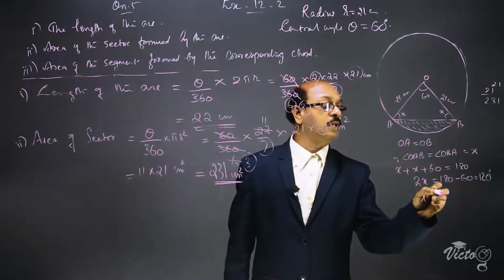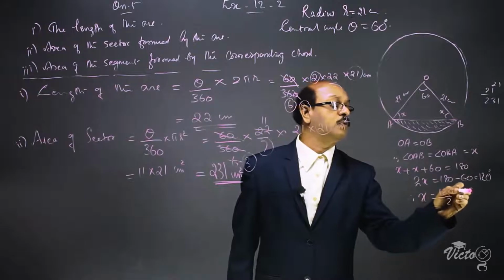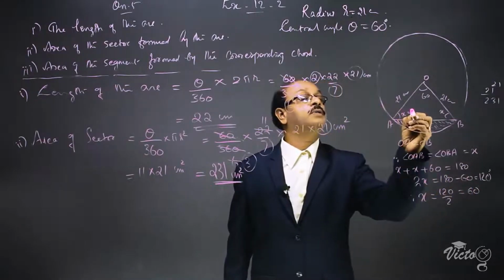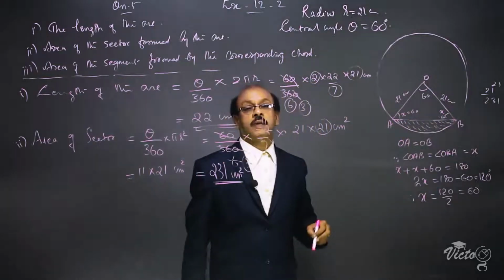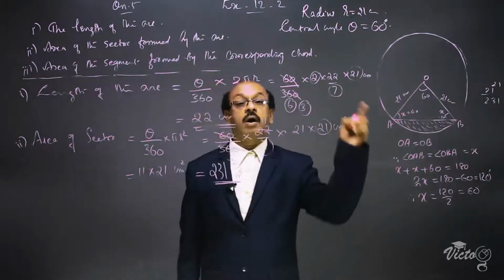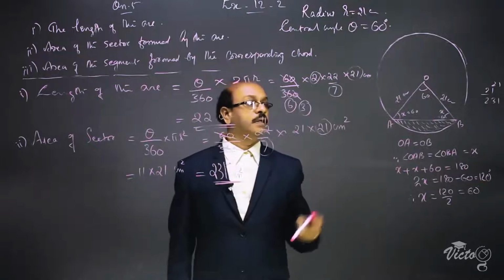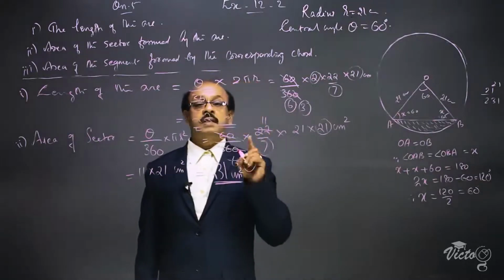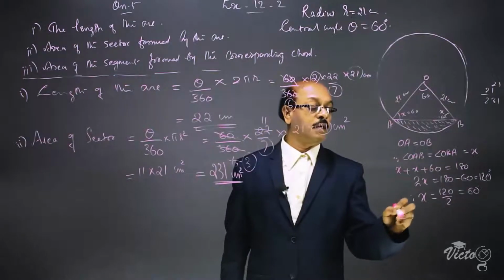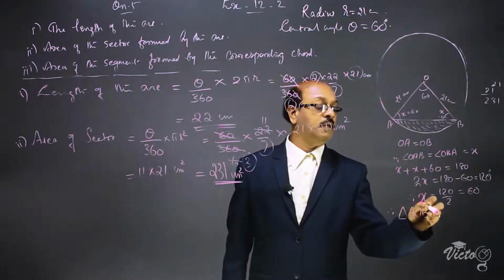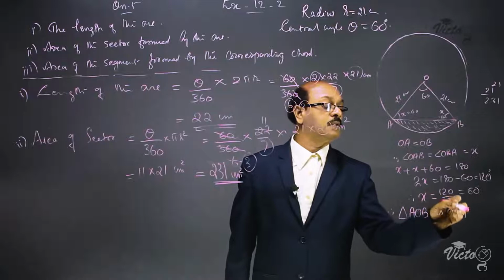Therefore, x is equal to 120 by 2, which is 60 degree. Here also it is 60, here also it is 60. All three angles are equal, that means all three sides are equal. Therefore, triangle AOB is an equilateral triangle.